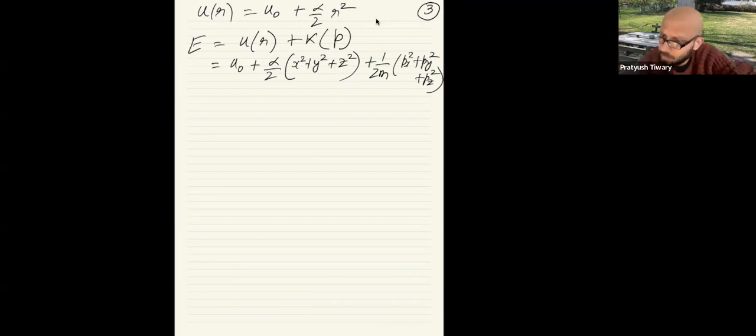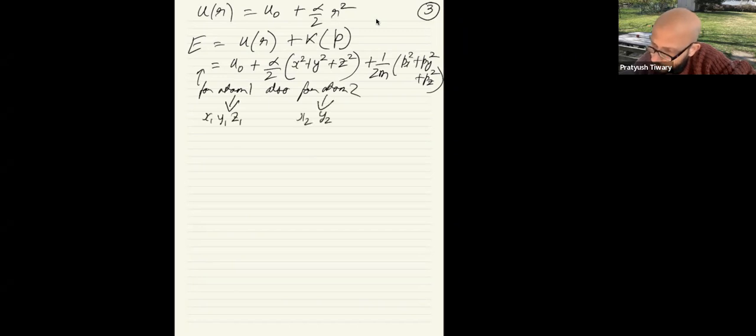So if this is for atom 1, atom 2 is the same idea. The only thing is for atom 1, you have to consider x1, y1, z1. For atom 2, you have to consider x2, y2, z2, and so on and so forth. But the physics remains the same. The form of the energy is going to be the same.